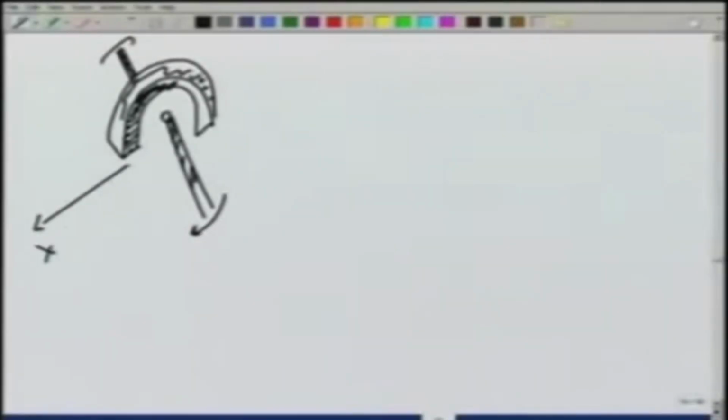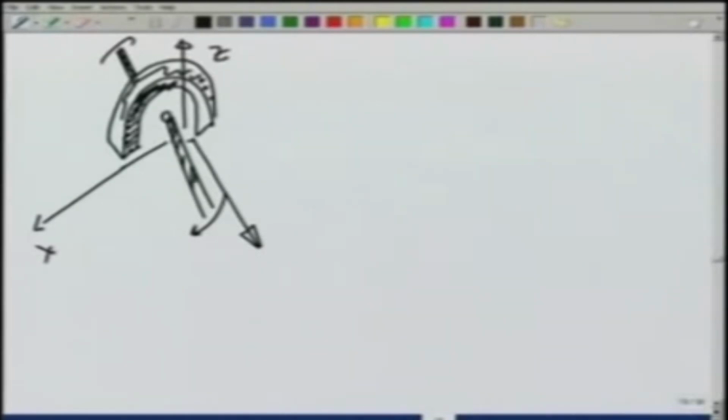If I rotate the shaft like this, it cannot turn. So, if I take this to be x, this to be y, and this to be the z direction, let me be a little more careful. Let me put y perpendicular to the support like this.